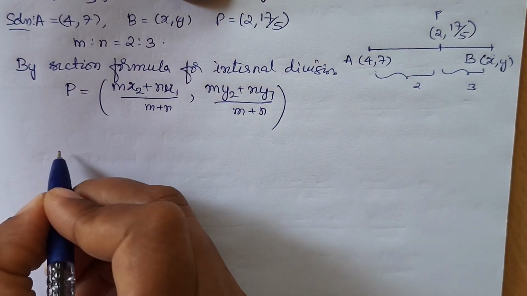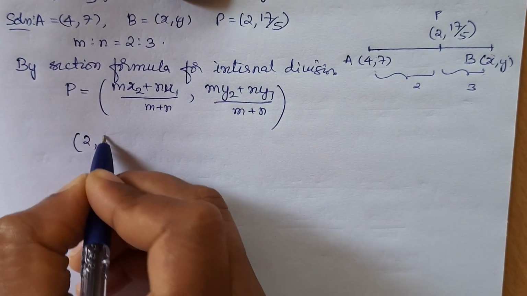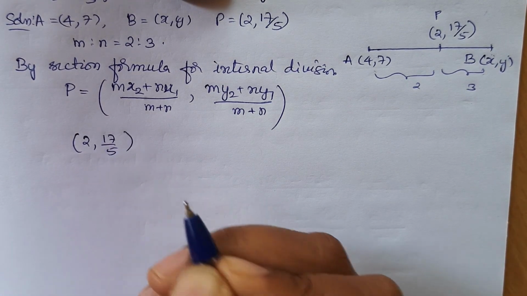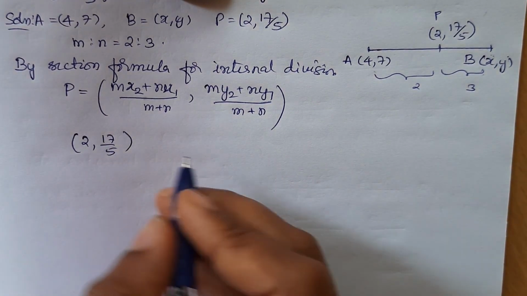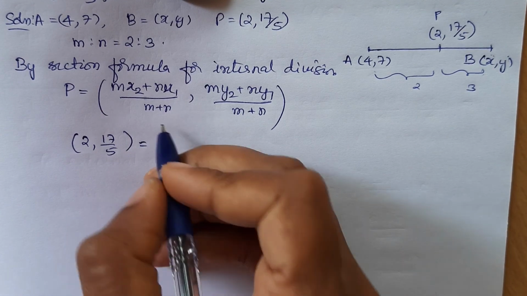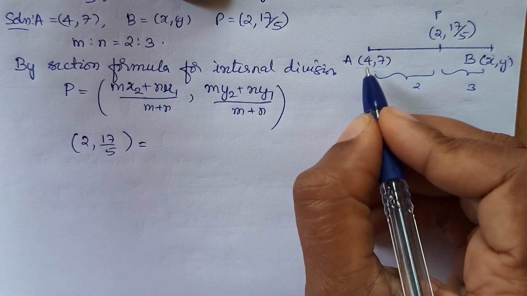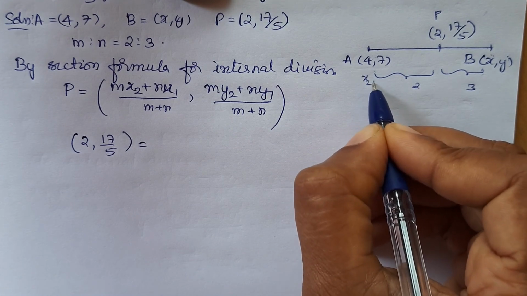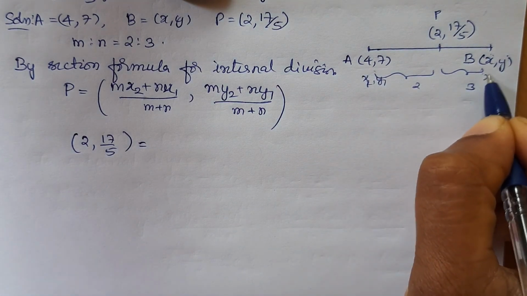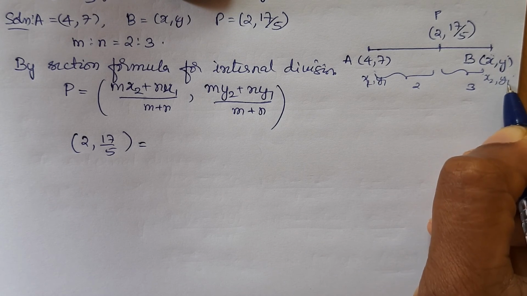Now we will replace the points. P is given to be 2, 17 by 5 and m is to n is also given. What are x2, x1, y2, y1? This was supposed to be x1, y1. This was supposed to be x2, y2.